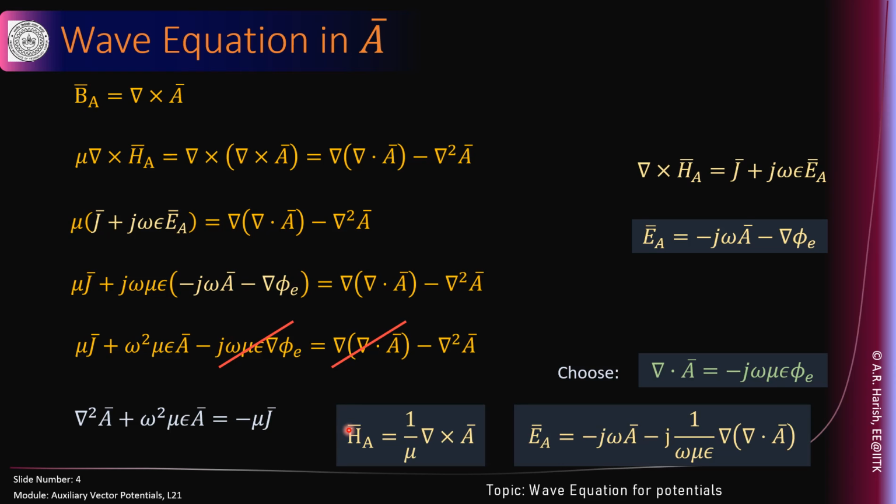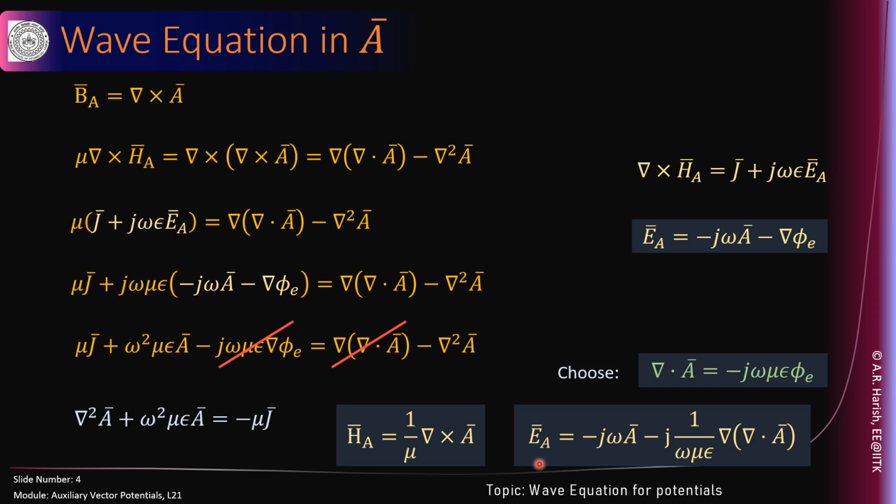Now, given J, if I can find a solution to this wave equation, called the inhomogeneous wave equation, for A, I can find out H_A via this result, 1 upon mu del cross A. I can also find out E by this quantity here, because I have substituted for phi from this equation, del dot A upon minus j omega mu epsilon. So given a system, if I can find out A, I can find out H_A, and I can also find out E_A.